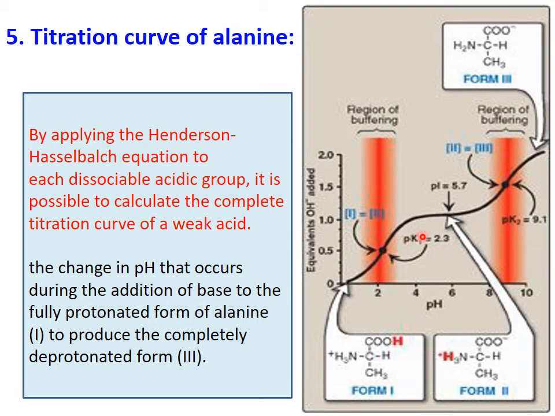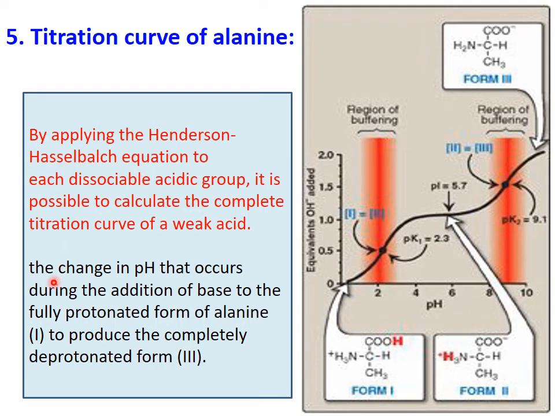The mean of the two will be the isoelectric point. You add 9.1 and 2.3, it would be 11.4, and you divide it by 2, you will get 5.7. So at pH 5.7 alanine behaves like this form, a zwitterion. This is the isoelectric pH.